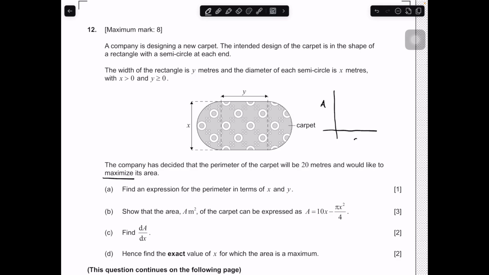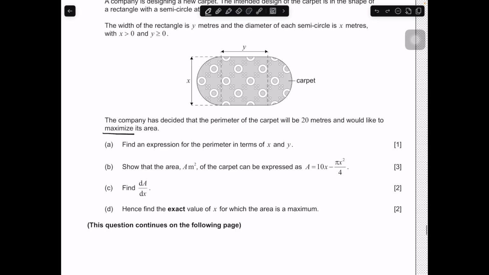So often these kind of optimization questions, you take some dimension and then you compare it to the area. So you vary, let's say, the radius, or let's say the width, and you plot area against the width, and you say, okay, what is the point where it maximizes the overall area? So it seems like this is an optimization question.